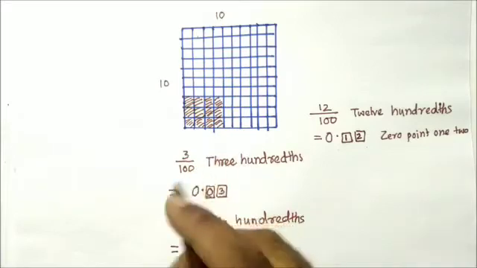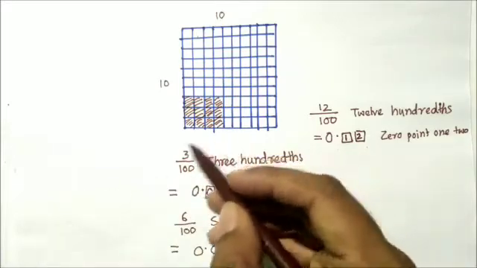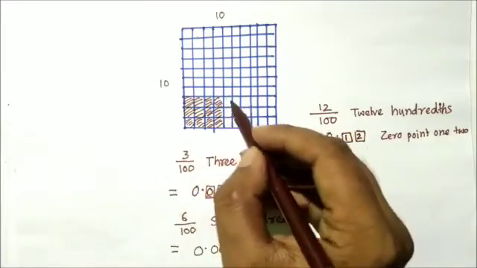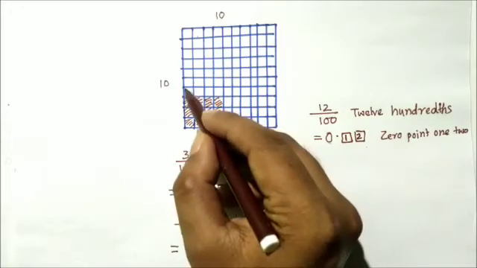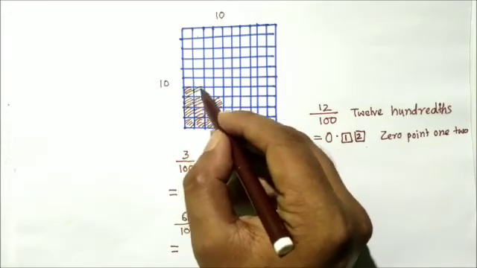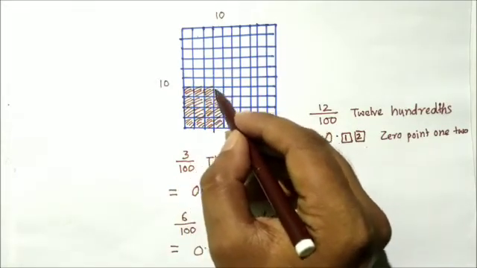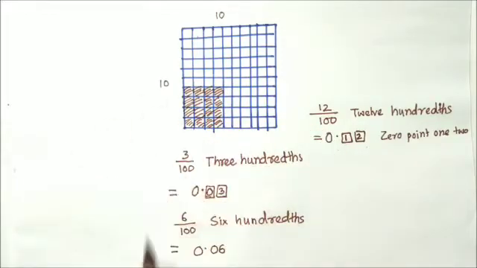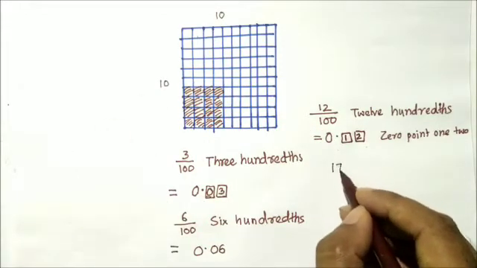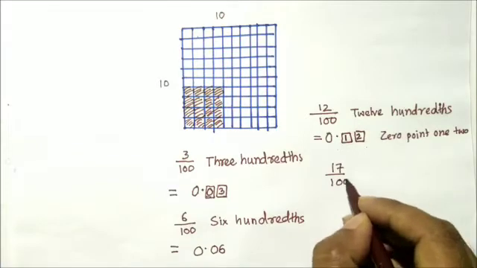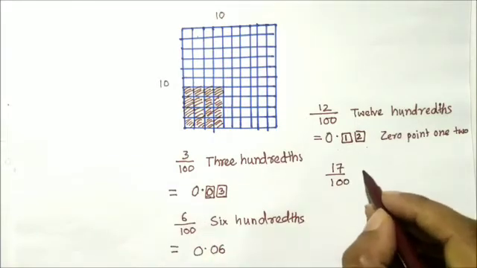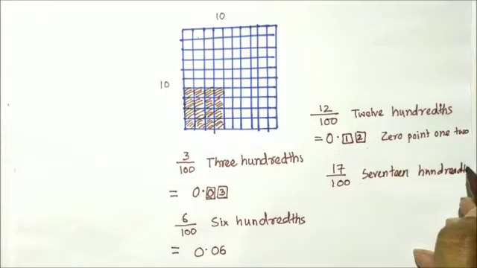Now let me give you one more example. Now we have 17, so we will write it as 17 by 100, and we will say it is what? 17 hundredths, right?